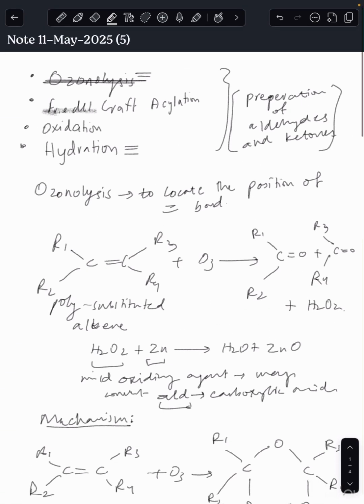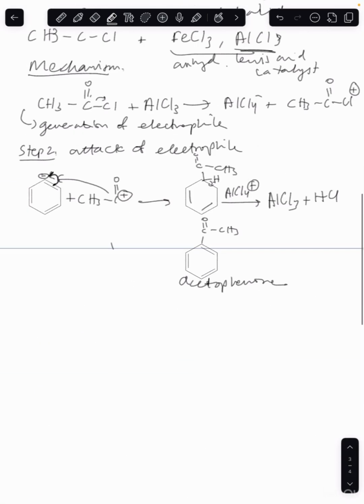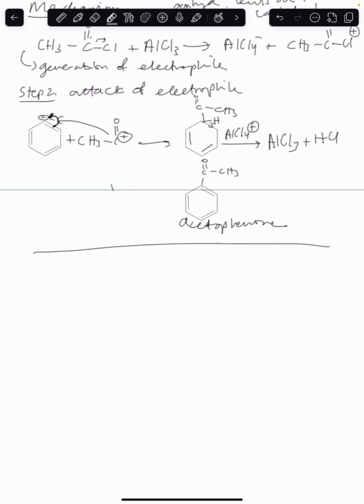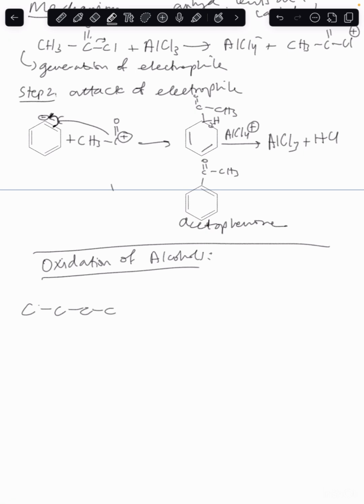Now moving on, we have oxidation of 1 degree and 2 degree alcohols, where 1 degree will give us aldehyde and 2 degree will give us ketone. So oxidation of alcohols. For example, we have butanol over here.